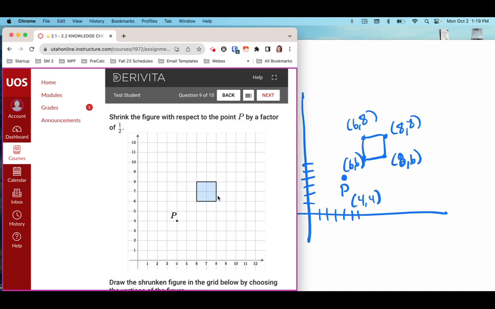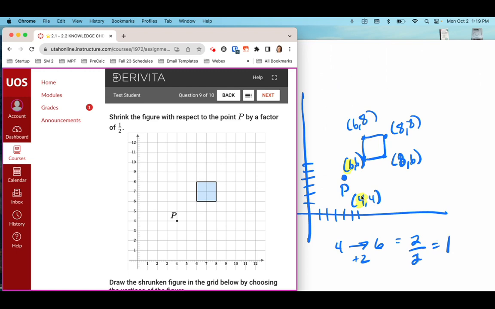So what happens when we do that? I like to look at it mathematically sometimes first. So I've got 4 to 6. How far is it from 4 to 6? Well, it's 2. So from 4 to 6 equals 2. And we want to go half of that. So what's half of 2? Well, 2 divided by 2 equals 1.